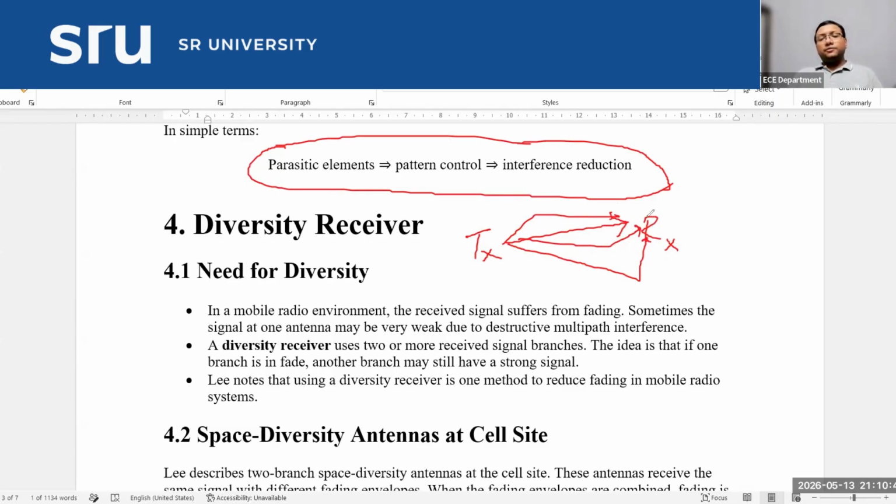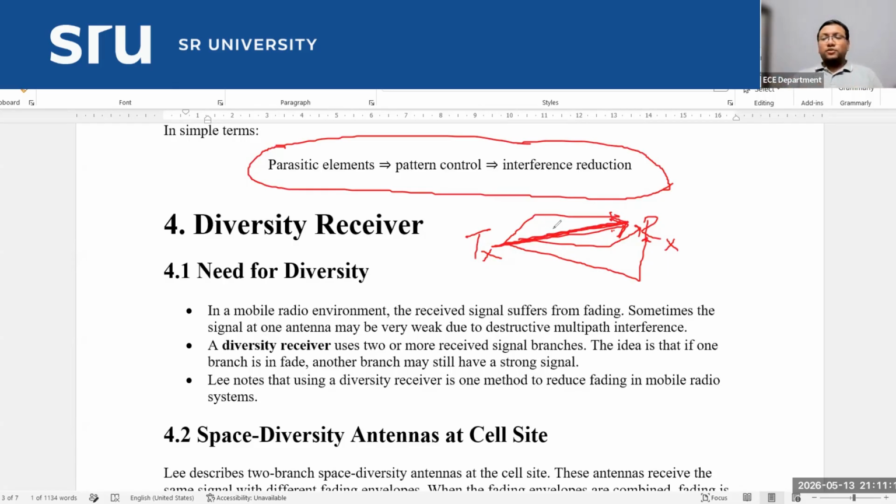Now, if the phase difference between this direct path and the reflected path are in such a way that they are cancelling each other, so definitely there will be a null or signal will drop.